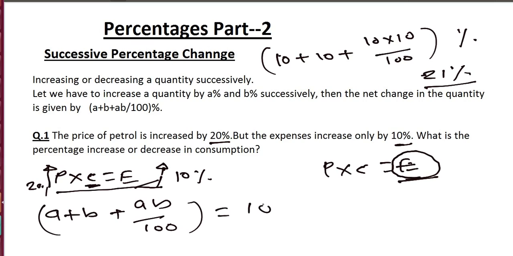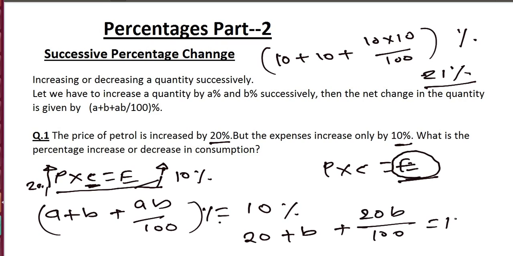But that is 10%, this is given to us, right? So now here A% is nothing but 20, plus B, we have to find what is the change in the consumption, plus 20B divided by 100 is equal to 10.